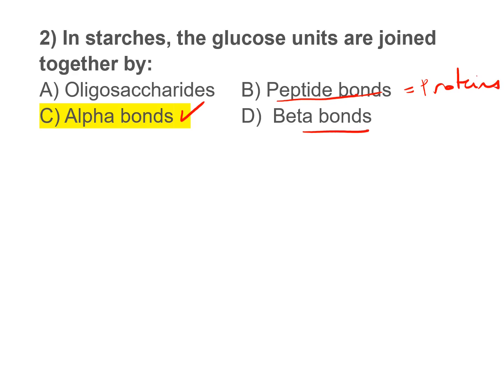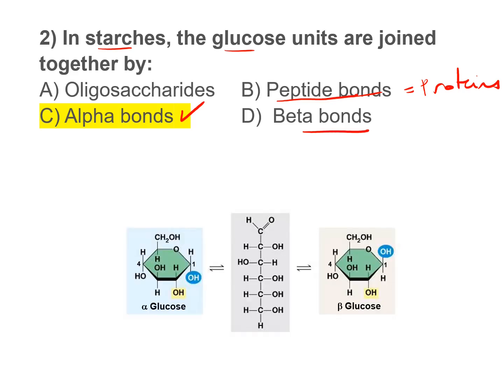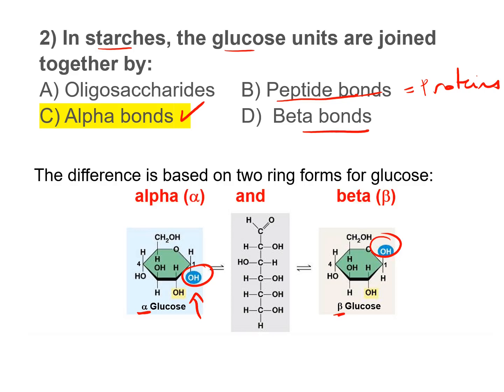In the case of the starch and the glucose, it will be alpha bonds. So remember, depending on where this OH is located, it could be alpha or it could be beta. So the difference is based on the two rings forming a glucose. It could be alpha and beta.